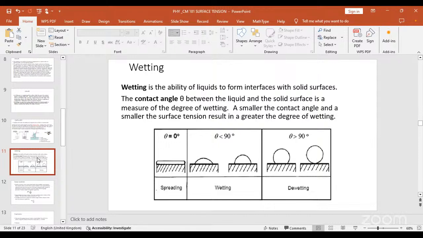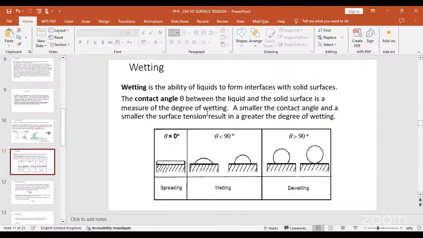The contact angle between the liquid and the solid surface is a measure of the degree of wetting.